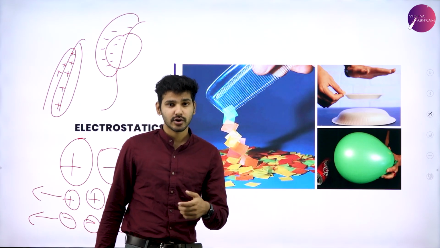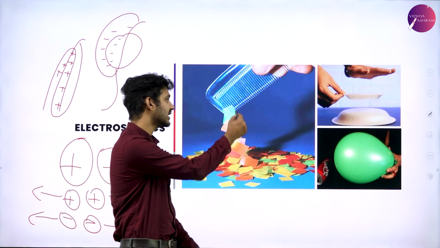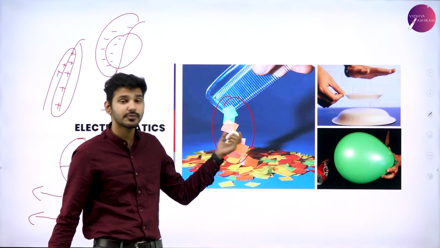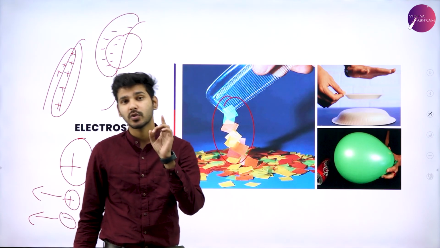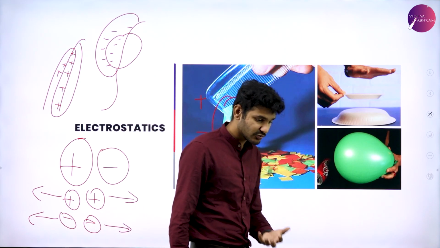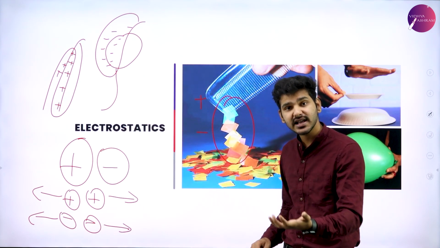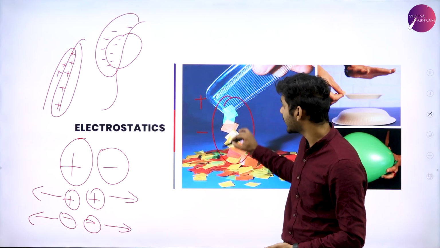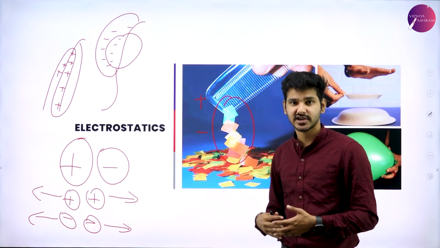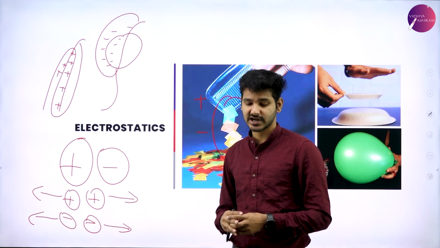When you comb your hair on a dry day and you place paper bits nearby, it was found that they had an attractive property. So this had only one conclusion: the comb was in a charged state different from that of the paper bits. They were unlike charges, and that is the reason why this sticky nature happened. So the basic baseline is that unlike charges attract each other.